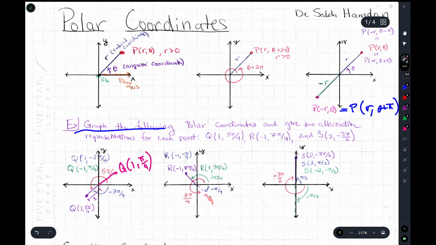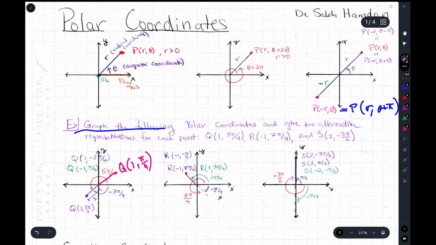And then we find the distance 1 and then flip it to get to the point (-1, 7 pi over 4). And so here's our point. But what if we didn't want to use a negative radius? Well, we could just wind counterclockwise in the positive and get +3 pi over 4 for the angular coordinate, and just have a radius of +1. Okay?